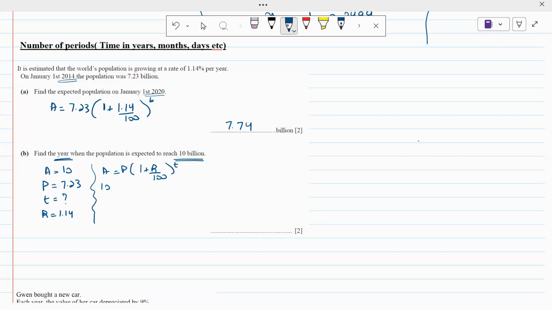A, that is 10, is equal to P, that is 7.23, times 1 plus rate, that is 1.14 upon 100, whole power T. Simplifying it further, that would be 10 upon 7.23 is equal to, solve the bracket also.